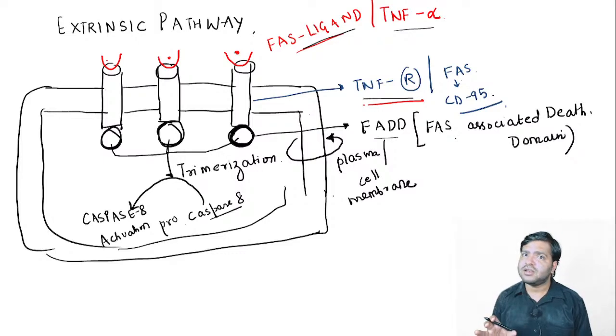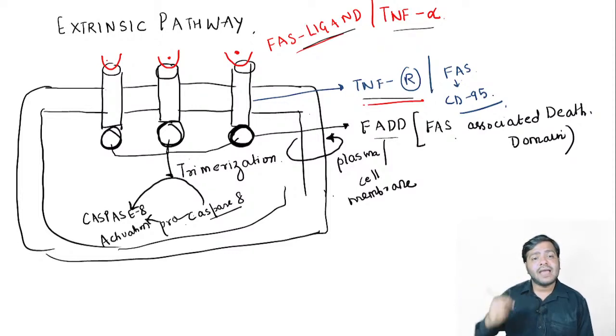It is non-functional. To make it functional, trimerization of these receptors will initiate this procaspase 8 and will make it activated. So we have the activated caspase 8.